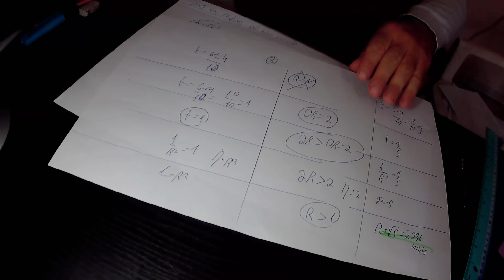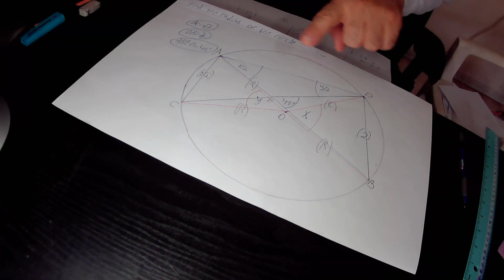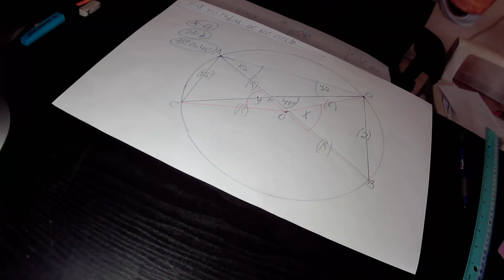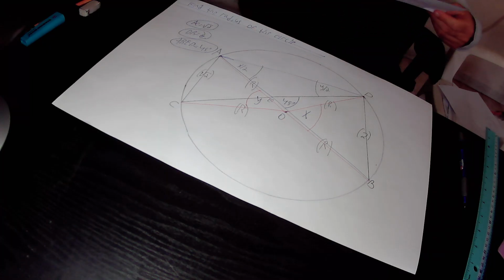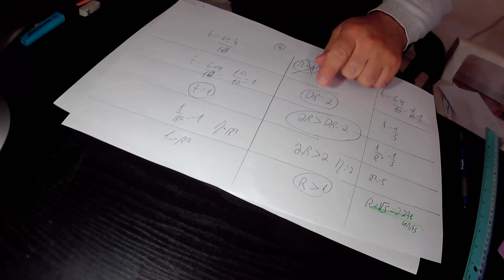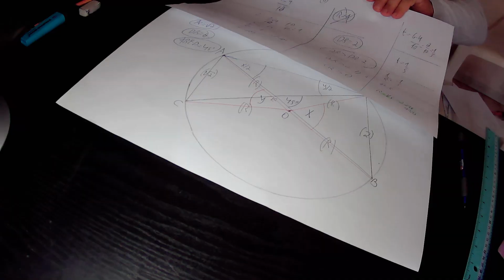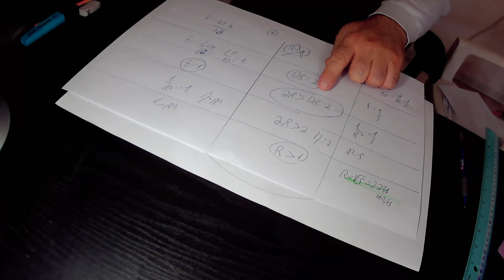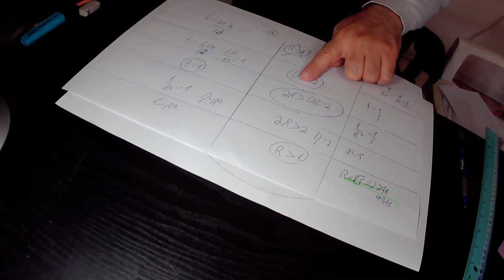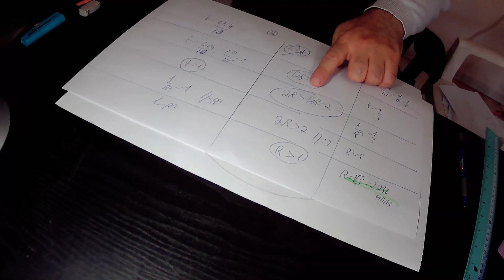Therefore, the diameter 2r of the circle must be greater than dB, because the diameter is the longest chord in the circle. So the diameter 2r must be greater than dB, that is 2.